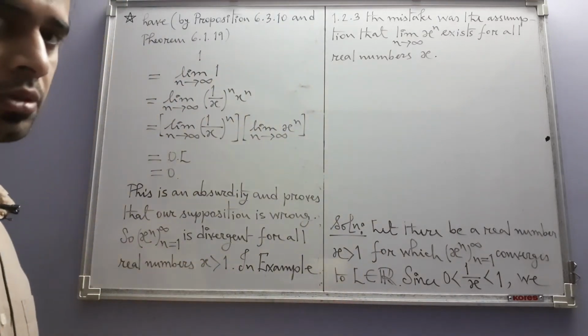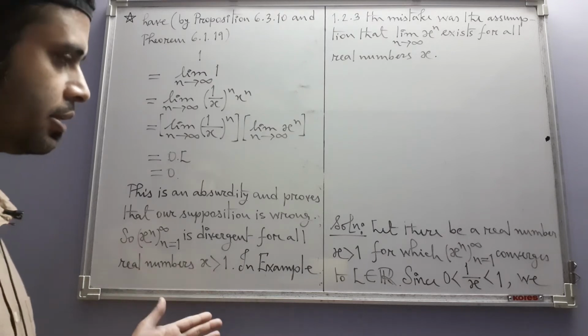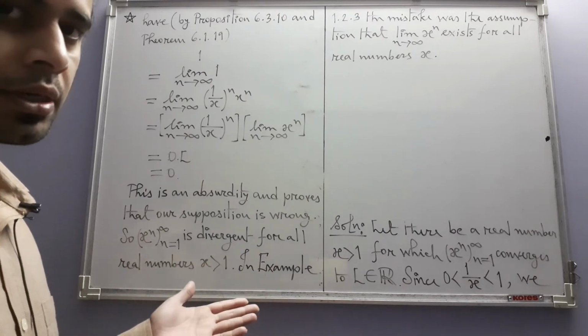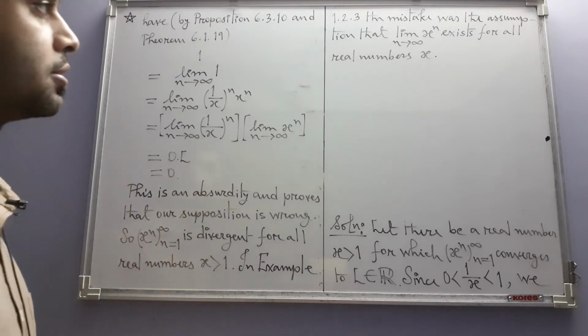That's what we have shown here, specifically for those real numbers that are greater than 1, x to the power n is not convergent, it is divergent, so that limit does not exist.